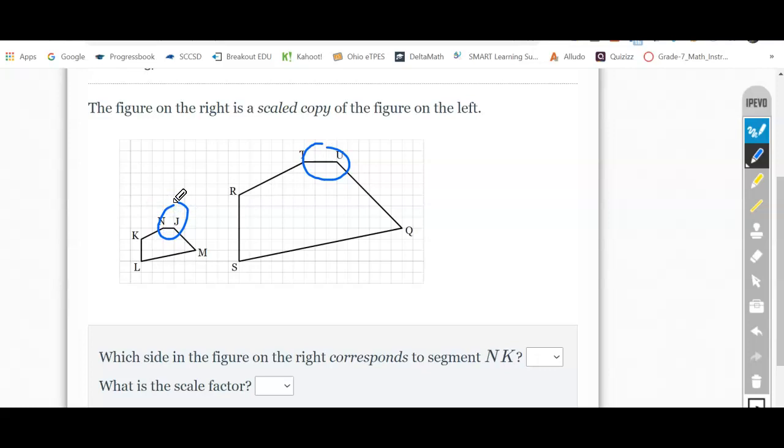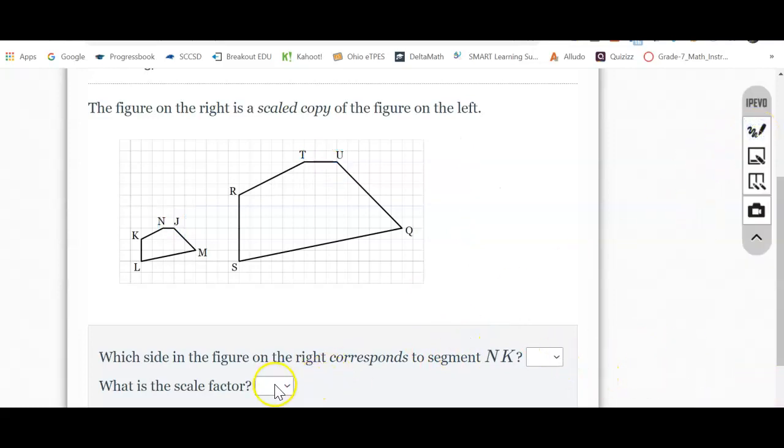I'm going to use these. Now when I do that, I always start with the second one and I count how many units this line is. It's 3 units. Over this one is 1 unit. Simplify it if you can. This one cannot be simplified, so my scale factor is just 3. Okay, not 3 over 1, it's 3.